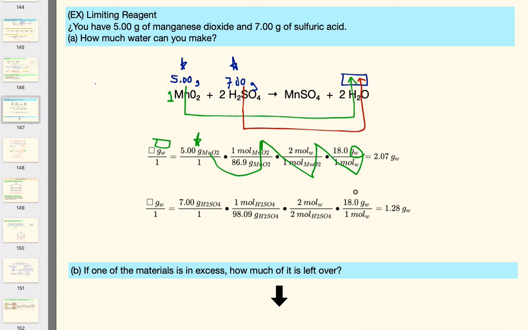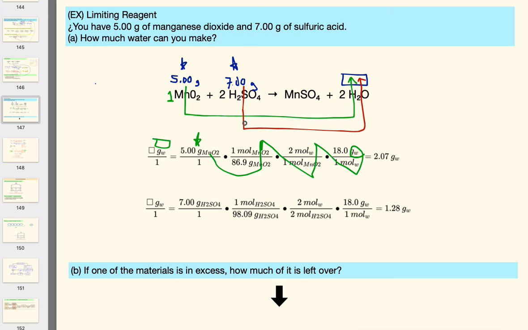And where did I get this? For every 1 mole of H2O, the weight of 2 H's and 1 O is 18. So calculating the green line from manganese oxide, I will produce 2.07 grams of water.